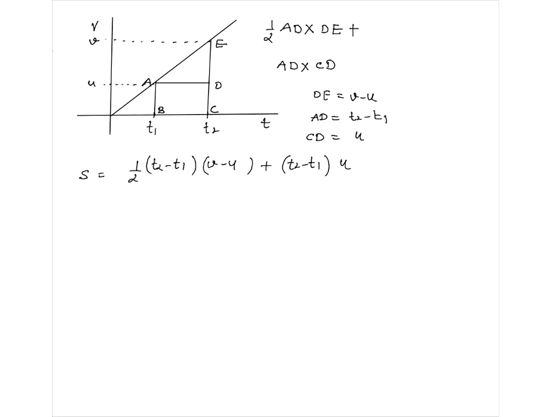Now, for the sake of simplicity, let's call T2 minus T1 equal to T. So UT, I'm writing this first, plus half (V minus U) into T.